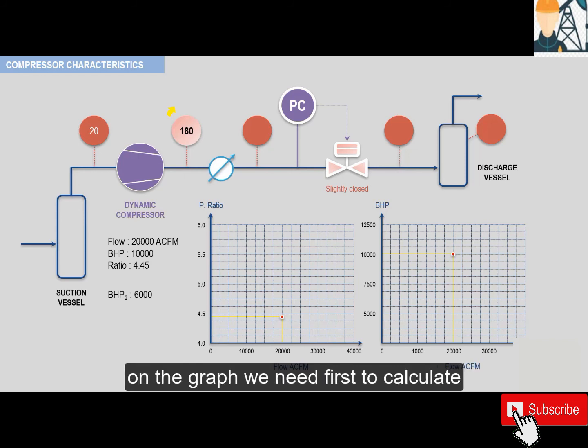In order to see this on the graph, we need first to calculate the new pressure ratio. Recall that the ratio is equal to the discharge pressure divided by the suction pressure, and both pressures must be expressed in absolute pressures. So here, the ratio, after doing the calculation, will be equal to 5.61.